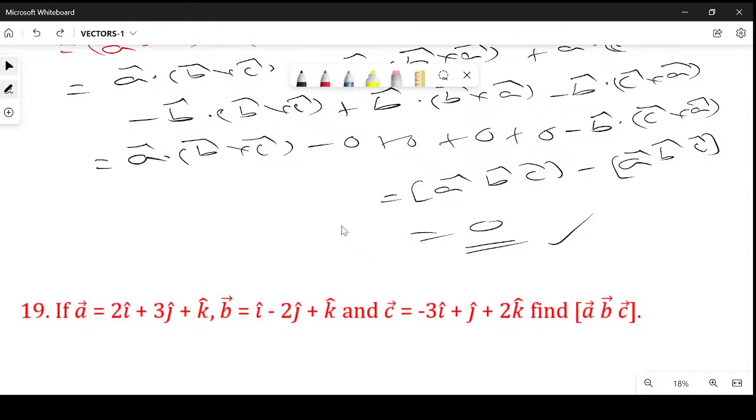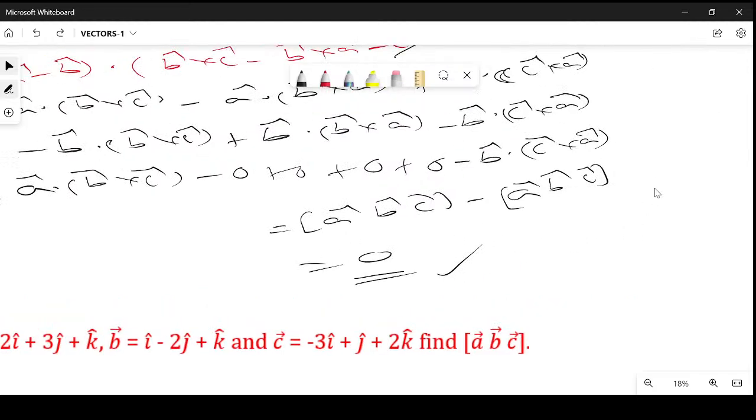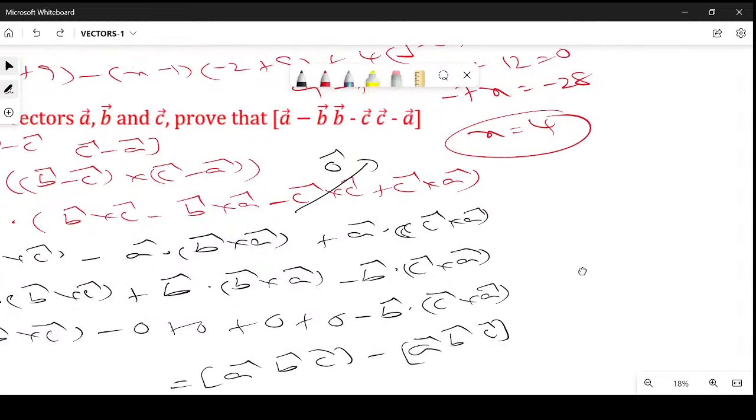Same problem, instead of doing this, since a bar, b bar, c bar are non-coplanar, I can also write another way: the determinant of the coefficients. Take the determinant: a bar is 1, b bar is minus 1, there is no c bar in the first vector, 0.